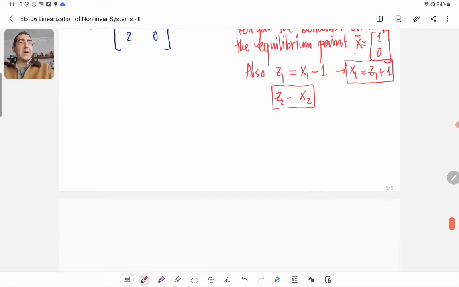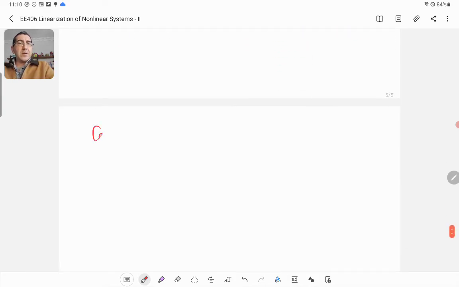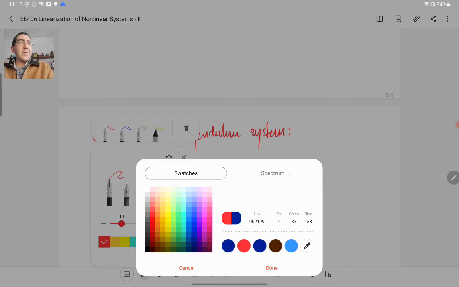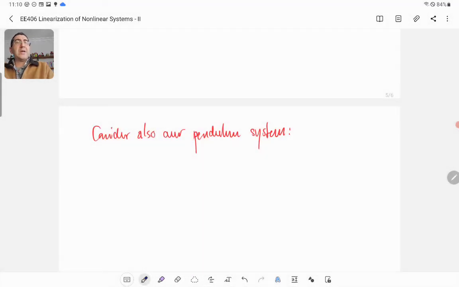Let me also go back to the pendulum system again. Now let's apply this general method to our pendulum system as well. Remember, we had just used an approximation to the sine function.